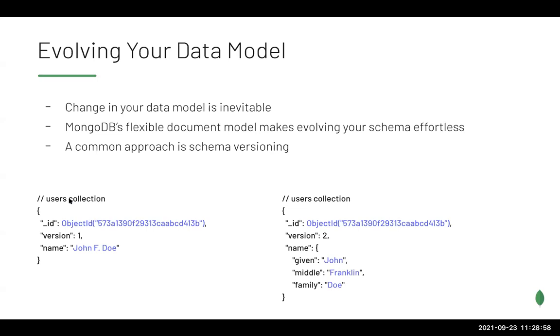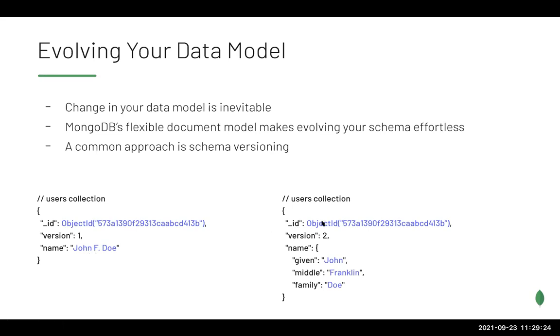So in both of these instances, we are working within the users collection, but we have 2 different documents. In version 1 of our document within this users collection, we represent the name as just a single string. So for the first, middle, and last name of our user, it is just a string.